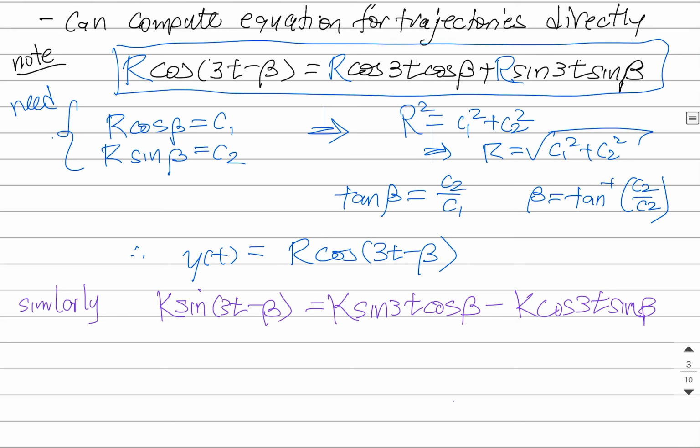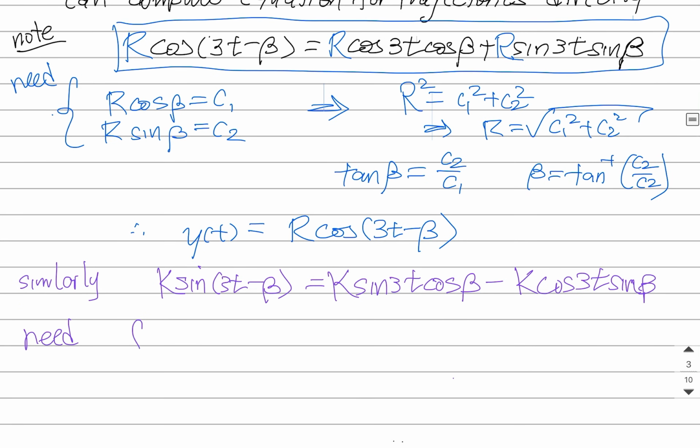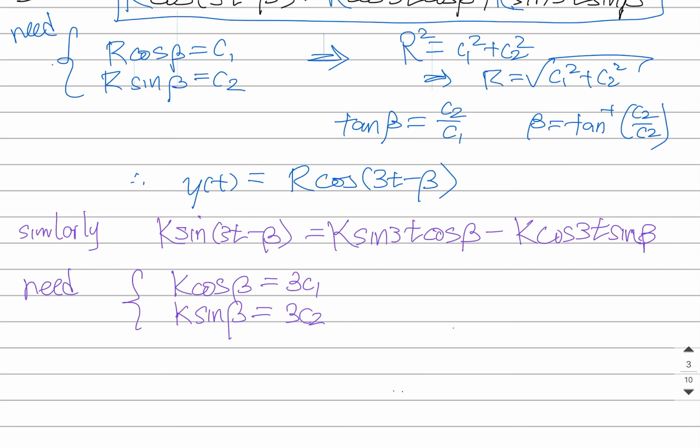And what I'll find is that if I want the x equation to match this, what I will need is that k cosine beta is going to have to be 3c1. And in the second case, k sine beta is going to have to be 3c2.